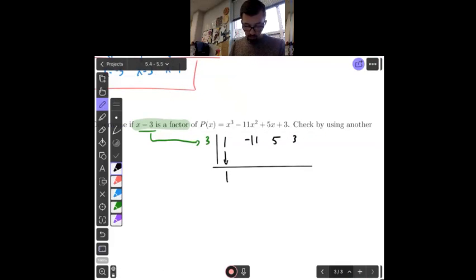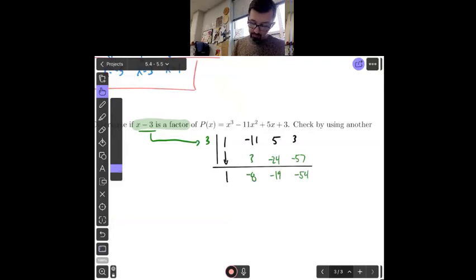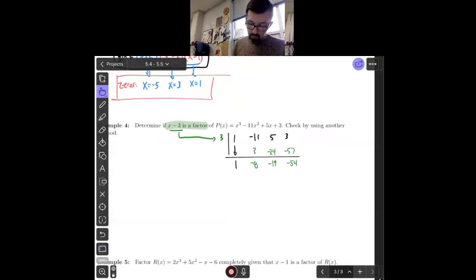Of course, 3 times 1 is 3. -8 would be there. 3 times -8 is -24. That would give you -19. 3 times 19 is 57, so negative 57, negative 54. So is that a factor?